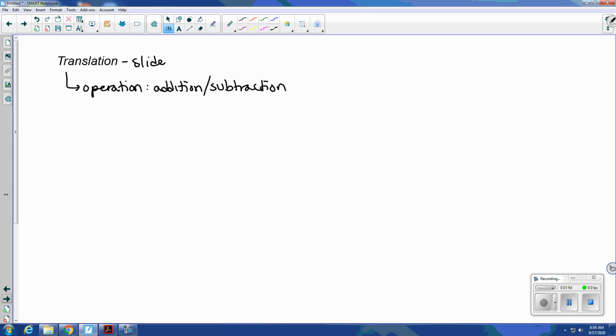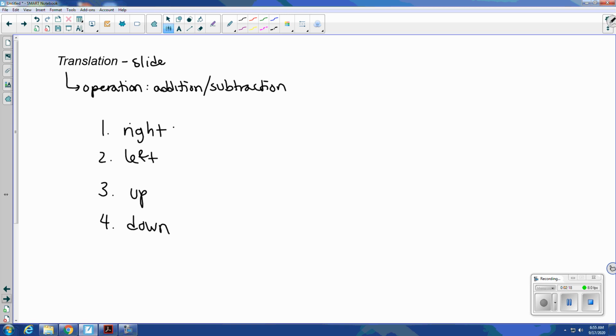So let's look at the four scenarios that we could have. We could move it right. We could slide a point left. We could move a point up, or we could move a point down. Okay, and we can chain these together if we would like as well. So let's look at each one individually.